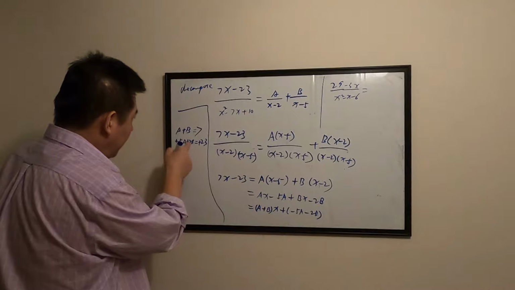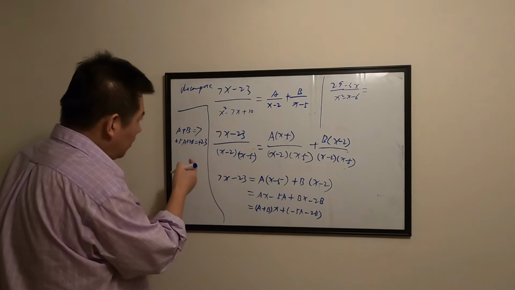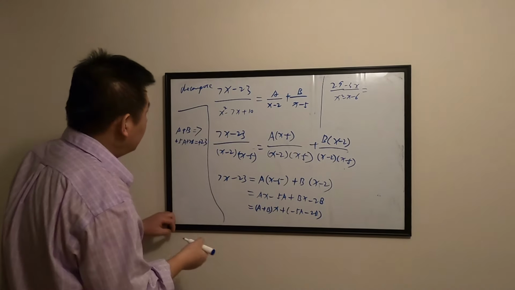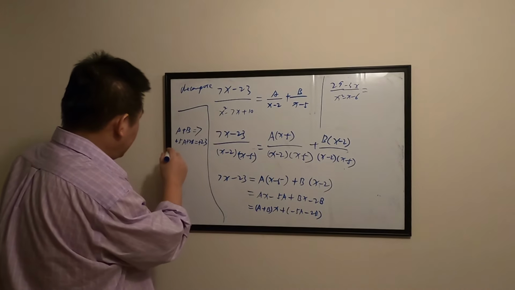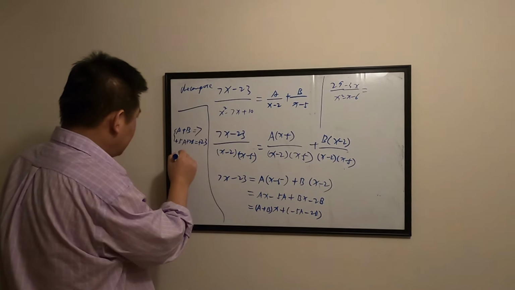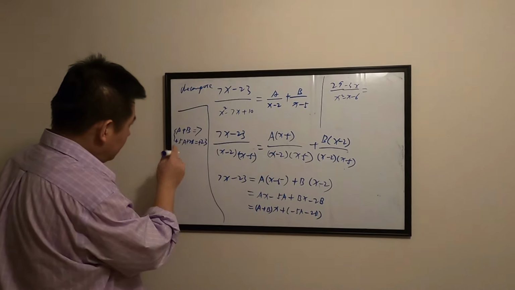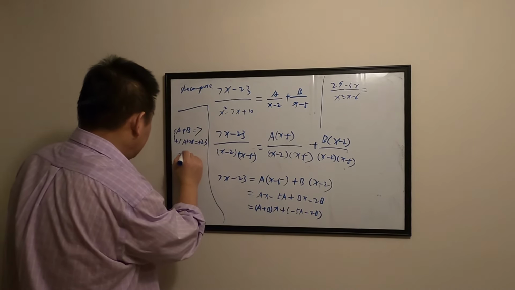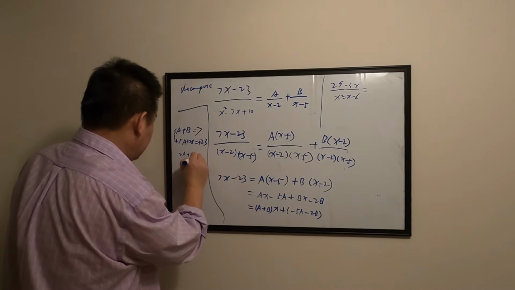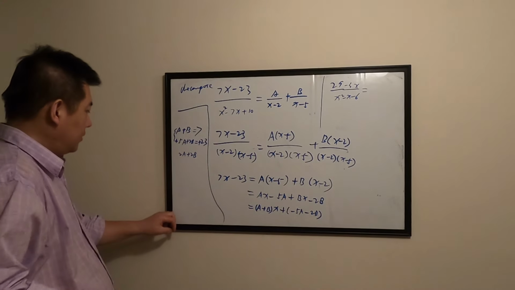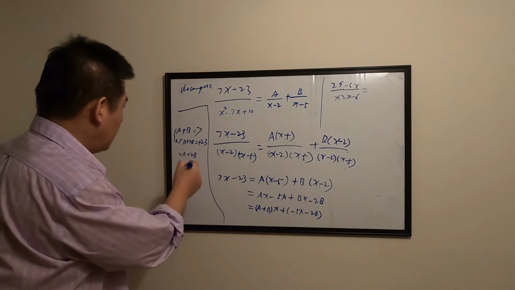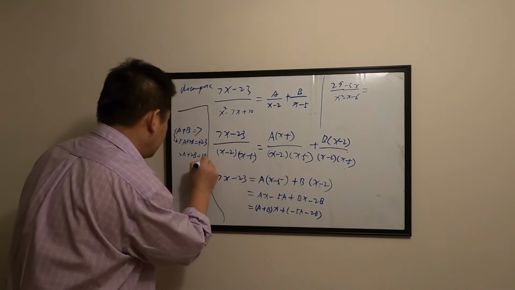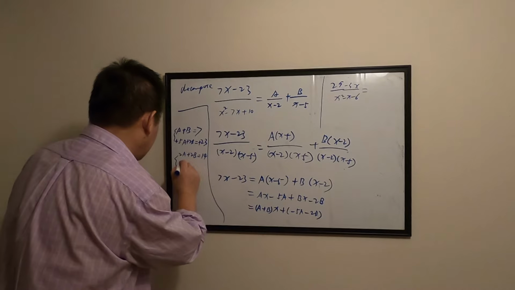So here 5A plus 2B is equal to 23. So now we solve this equation. So 2A plus 2B equals 14. Okay.